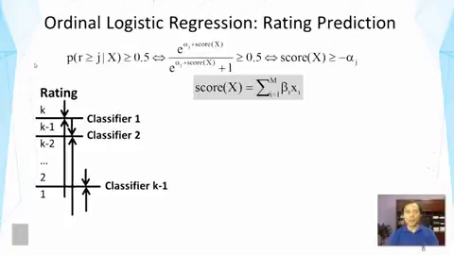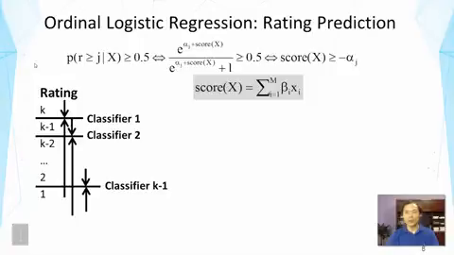So now let's see how we can use such a method to actually assign ratings. It turns out that with this idea of tying all the beta parameters, we also end up having a simpler way to make decisions. More specifically, the criterion of whether the predicted probability is at least 0.5 is now equivalent to whether the score of the object is larger than or equal to negative alpha sub j, as shown here.